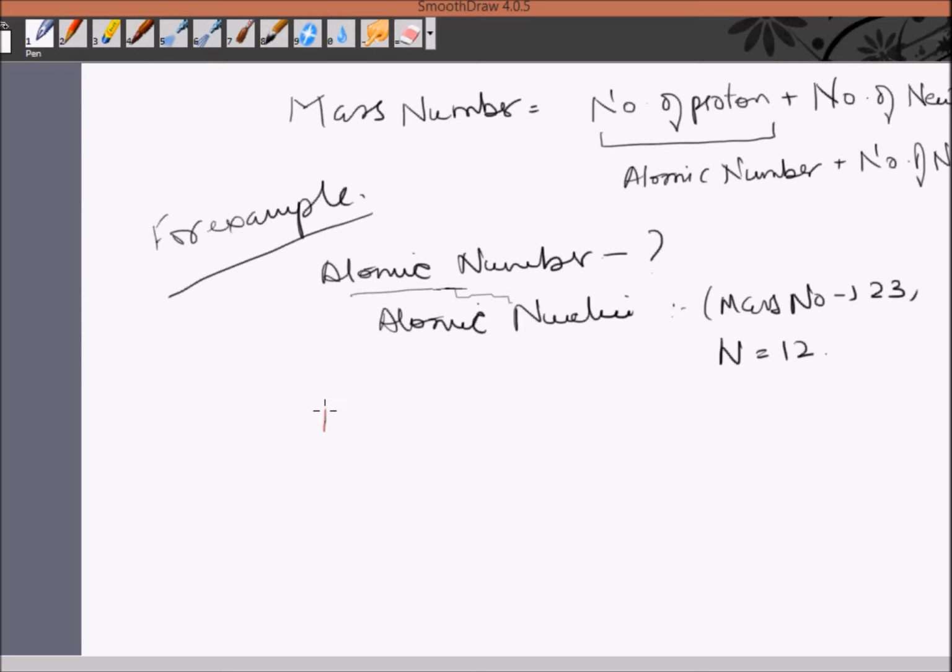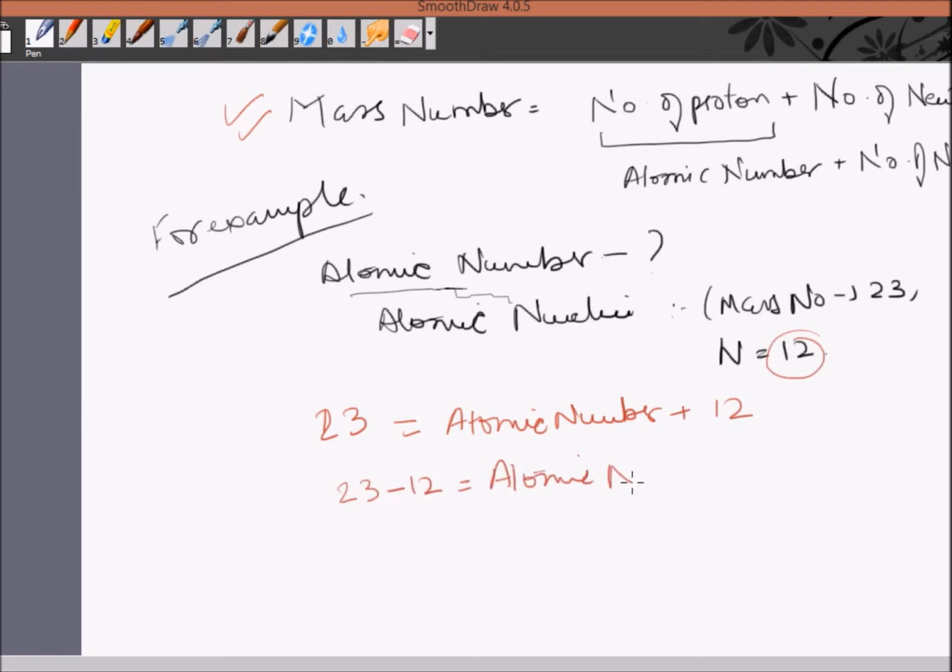We simply put the values in this equation. That is 23 equals the atomic number plus 12 neutrons. So 23 minus 12 is the atomic number. What will we get? 11. Here we know that atomic number 11 is sodium, right?